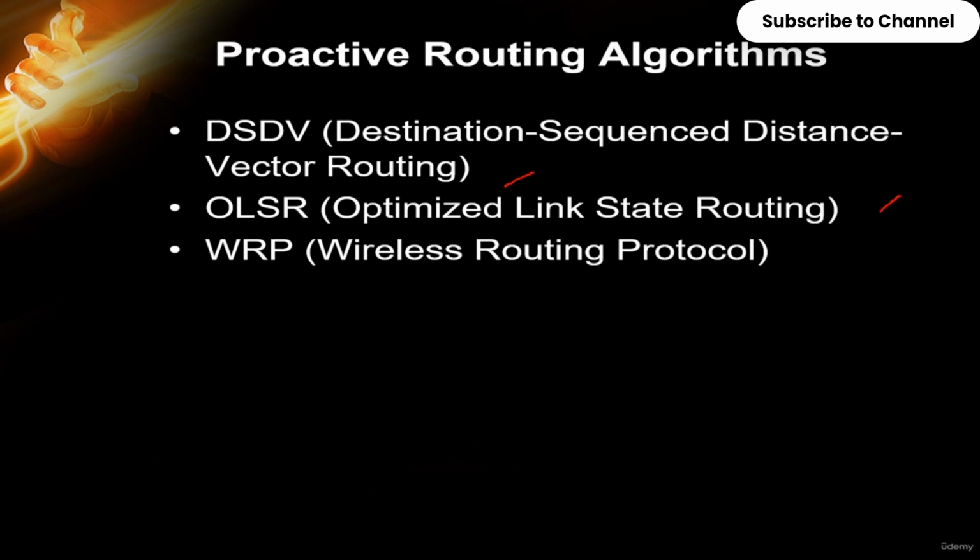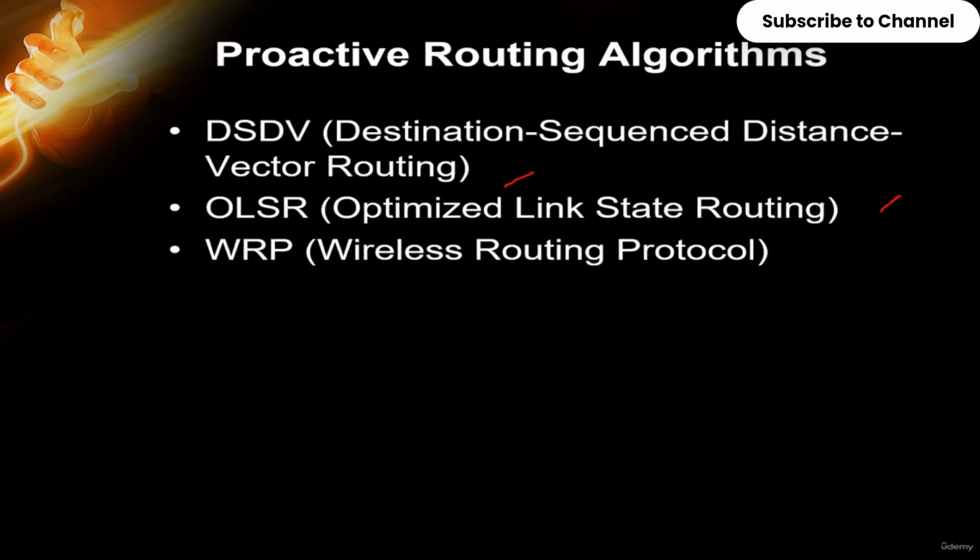The main advantage of OLSR is that it is efficient in dense networks with high node mobility, and the control messages are very minimal. But the drawbacks are that power consumption and memory requirements are larger, and performance degrades in a highly dynamic, moving network environment.